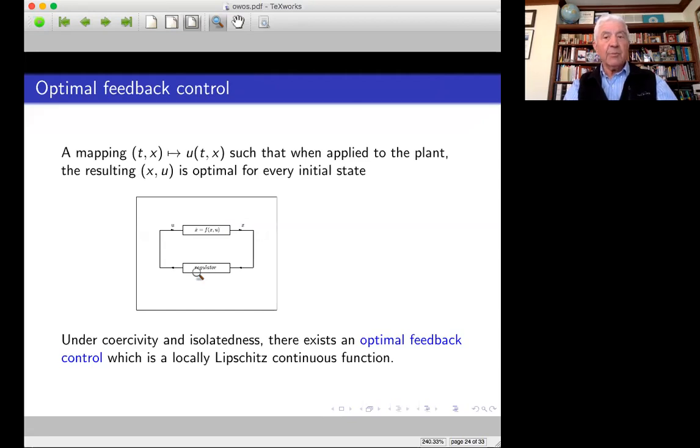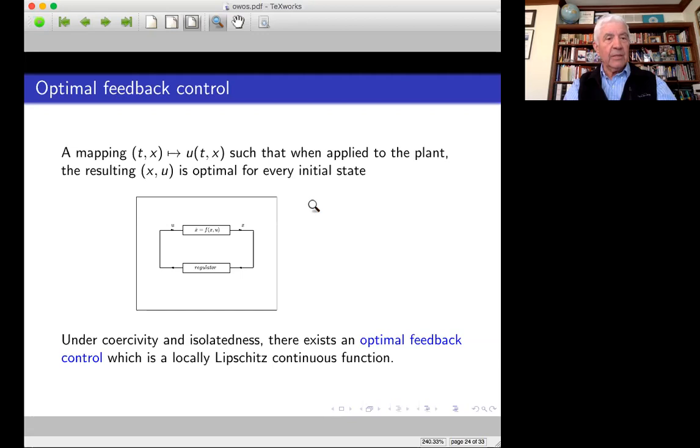Okay, there's another result here, which comes down from coercivity, isolatedness, going through strong regularity. In this case, we can define the so-called optimal feedback control.